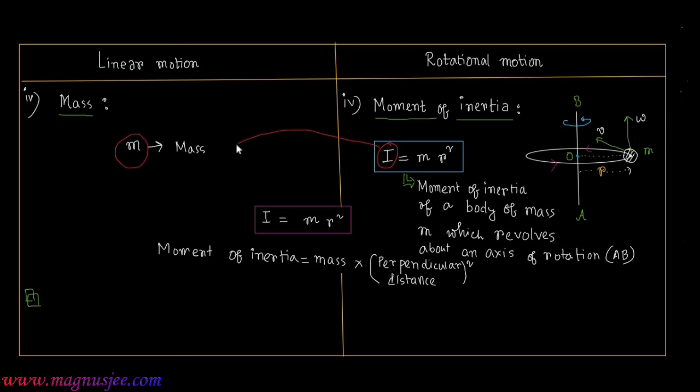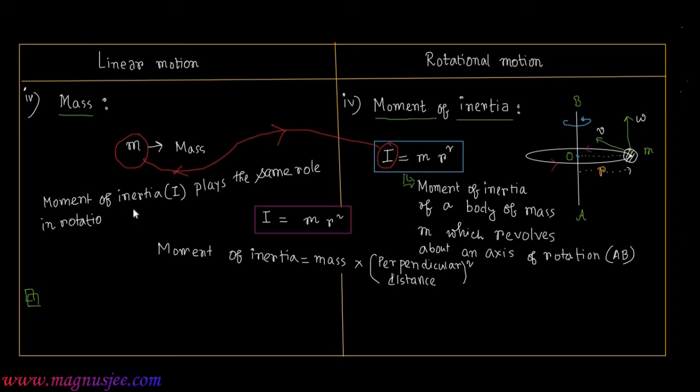In this case, mass is comparable to moment of inertia. Mass in linear motion is comparable to moment of inertia in rotational motion. So that's why we can write that moment of inertia of a body about an axis plays the same role in rotational motion as played by the mass in linear motion.